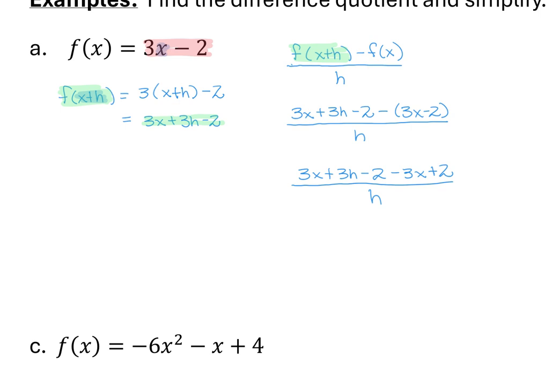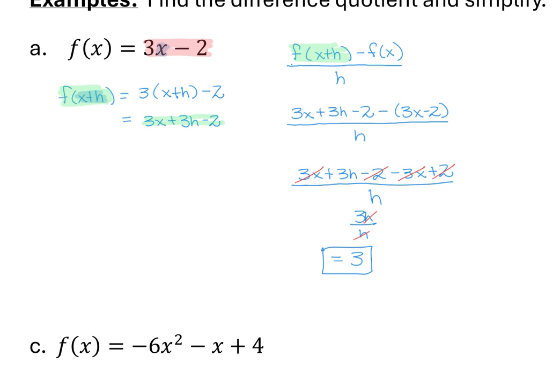So our 3x's cancel, our 2's cancel, and what we're left with is 3h over h. We can cancel our h's, and lo and behold, we determined that the slope of the line is 3. And we're done.